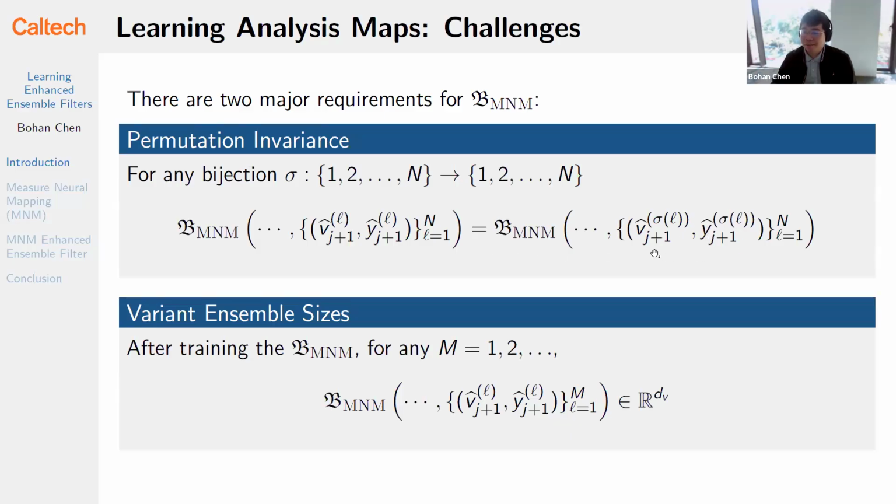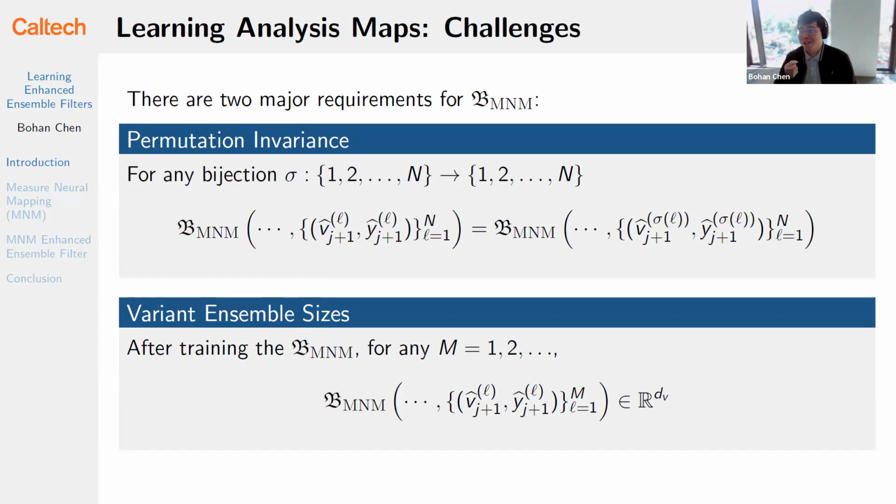And second, if we consider some classic filtering schemes, they allow varying ensemble size. We can use a small ensemble size, or we can use a big ensemble size. That means once our MNM is trained, we want to deploy it to any finite ensemble, not just a fixed size.